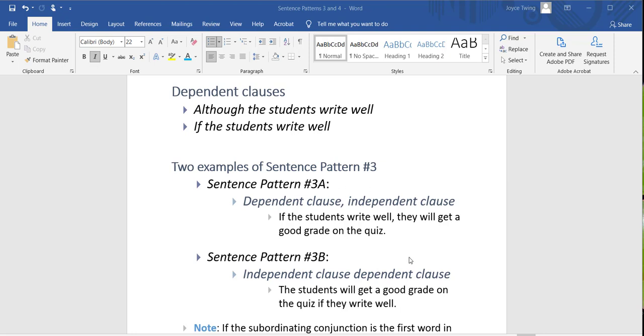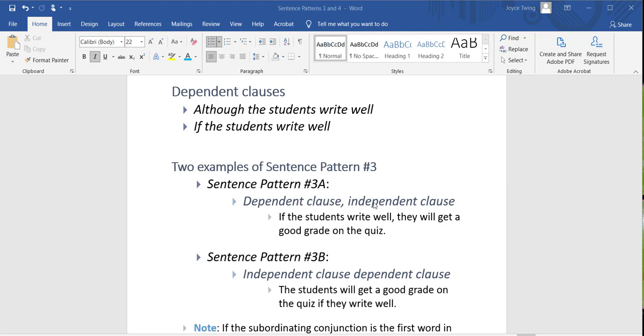So the first example is the one you write all the time. Dependent clause, comma, independent clause. The thing that people forget is the comma here. So if the students write well, comma, then we start a new sentence and add that second, the independent clause onto the end. They will get a good grade on the quiz.